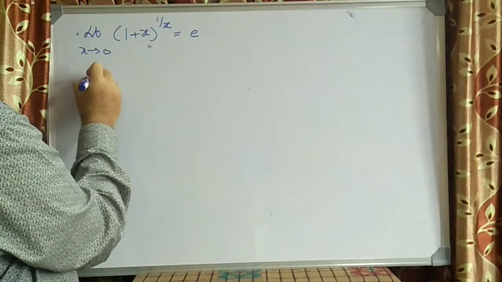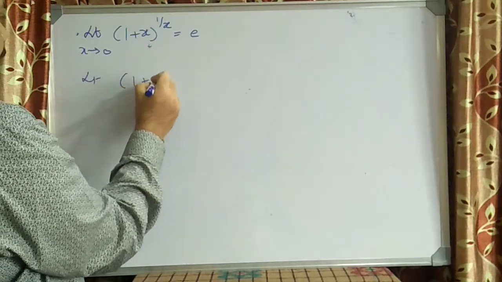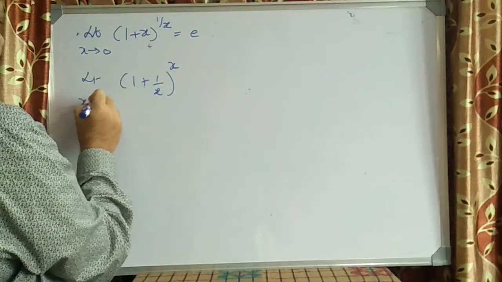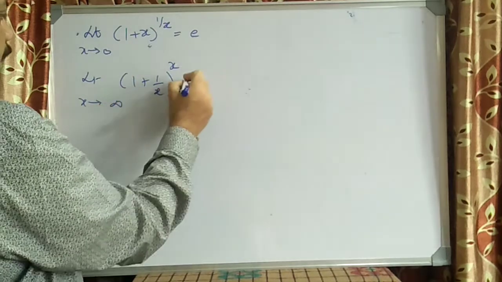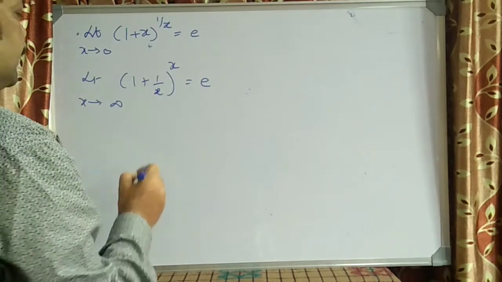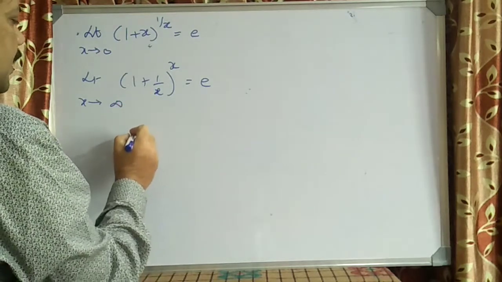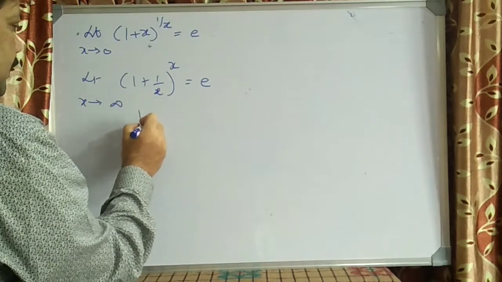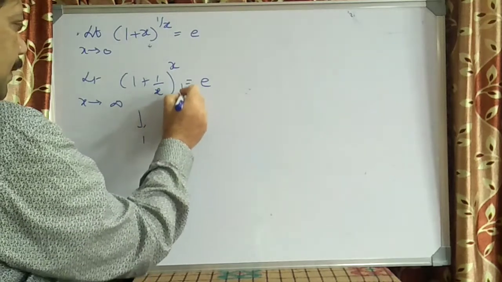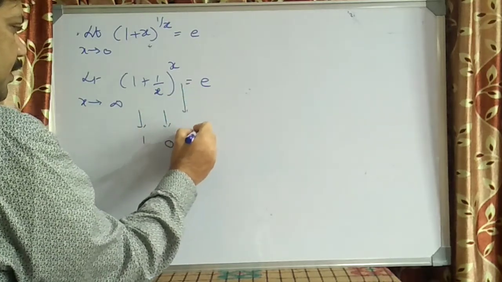In the same way, limit of (1 plus 1 by x) to the power x as x tends to infinity is also e. Here, in this model, I have one part tending to 1, another part tending to 0, and the power part tending to infinity.